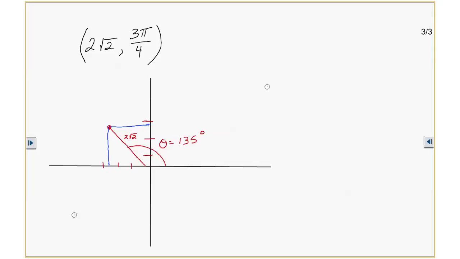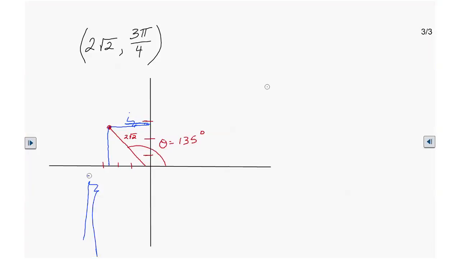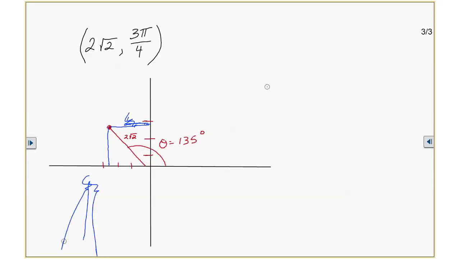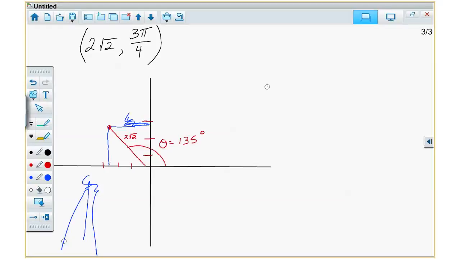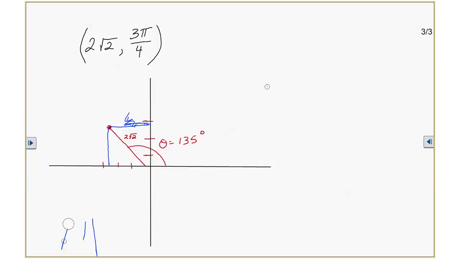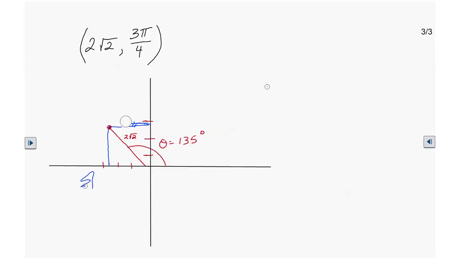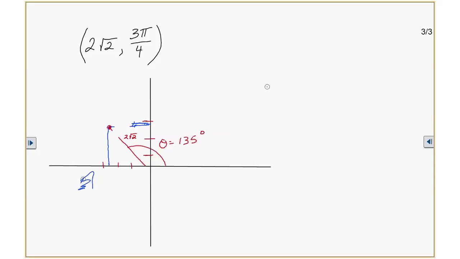You got to get your X and your Y. You really don't need this one, but... Okay, when did I change it over to? I'm sorry, what did you say? Yeah, exactly. All right, so what do you do?